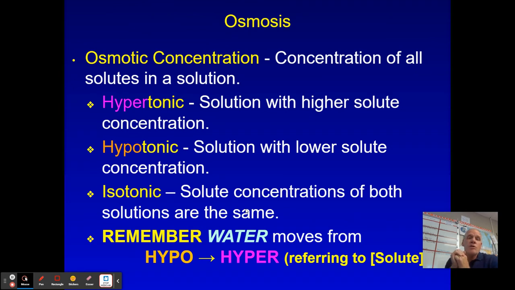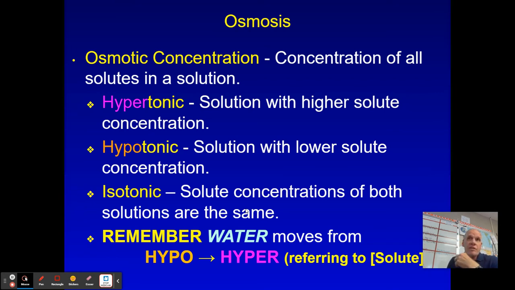So the term for the amount of solute in an aqueous solution is called the osmotic concentration. A solution that is hypertonic has a very high solute concentration compared to something else. And usually that something else is a cell. Okay, so if you have a cell in a hypertonic solution, the solution outside of that cell has more solute in it than does the cell itself.